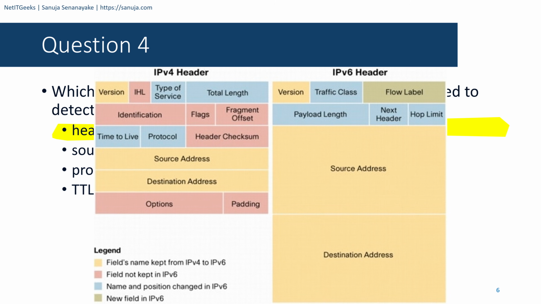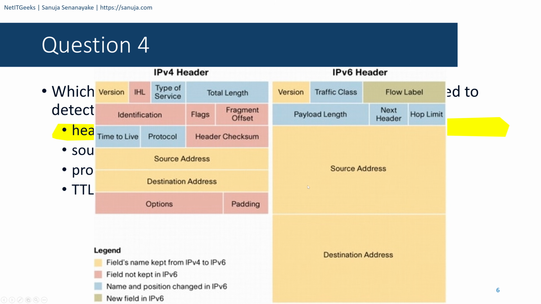If you look at the IPv4 header, there are different sections on that header, right? And IPv6 also has different sections. I've taken this image out of Cisco exam study materials, and you can see certain sections that IPv4 and IPv6 share. For example, source address and destination address, both IPv4 and IPv6 need them.